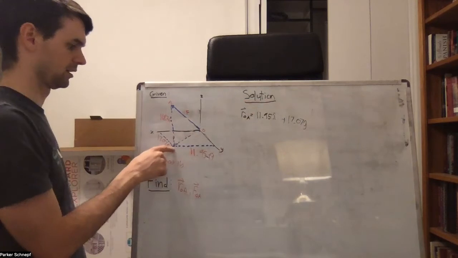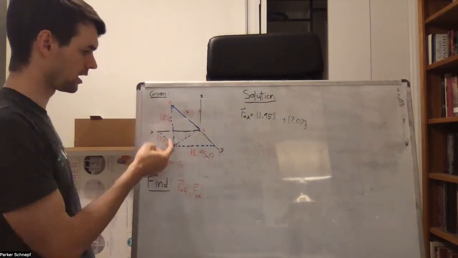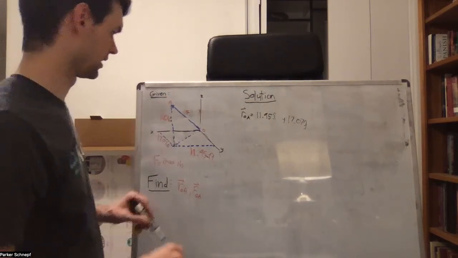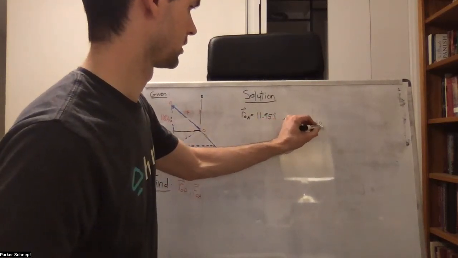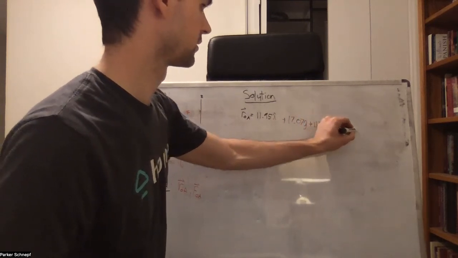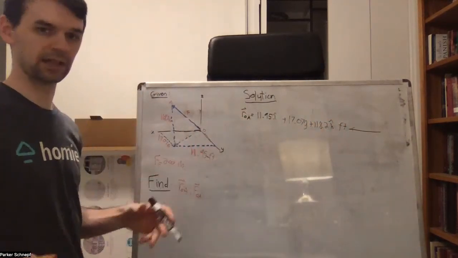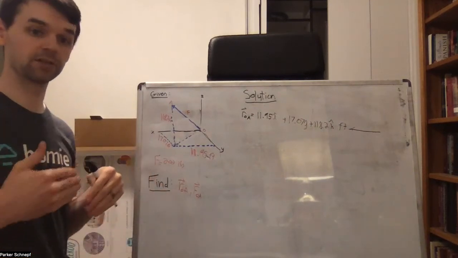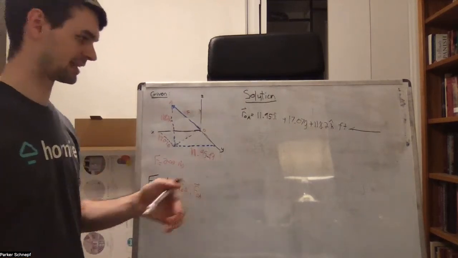And then I'm going to walk in the z direction towards the end of my vector. So walking upwards in the positive z direction. So that's going to be a plus 118.2, and this has units of feet. So that right there is our position vector r_OA. It's as easy as that. Position vectors are typically pretty easy. You just walk from the start of the vector towards the end of the vector, from origin to end.